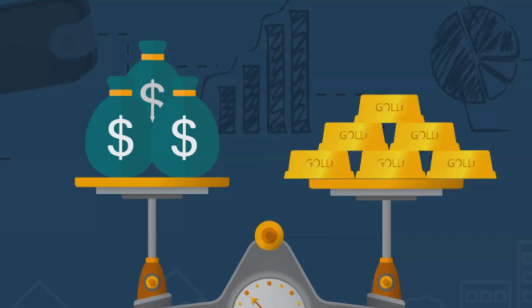Now, another example would be currencies. If you were to travel to, for example, say the Philippines, okay? You travel to the Philippines and say 1 US dollar is equal to 50 pesos.